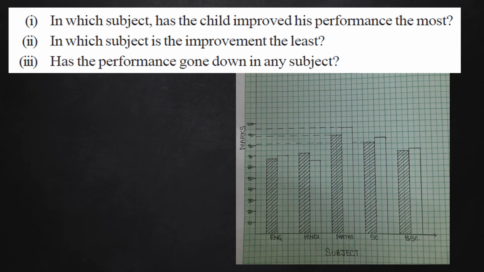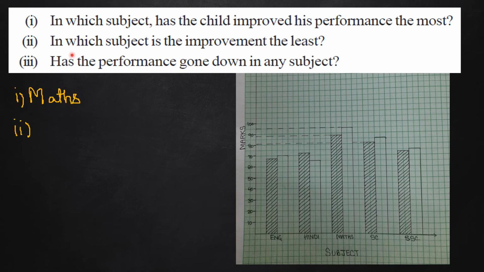English performance has improved, maths has improved, science has improved, social science also. But the gap is highest particularly in the case of mathematics. So the answer for the first part will be maths: the performance improved the most in maths.